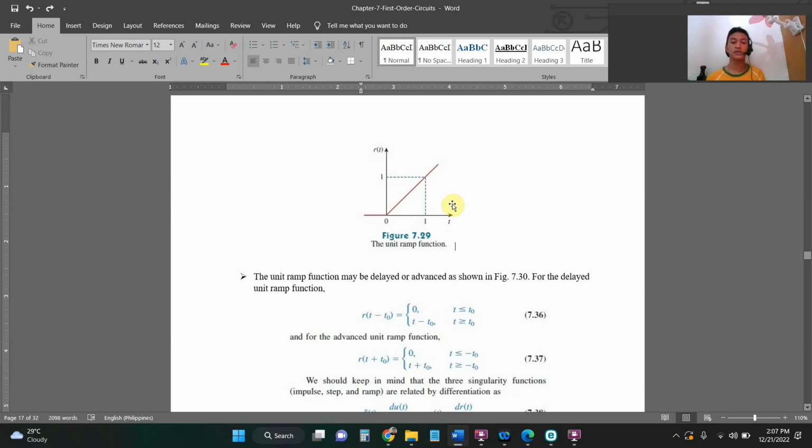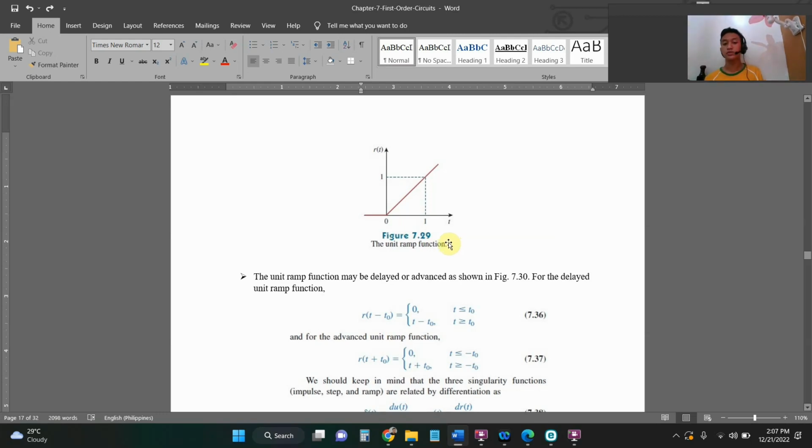For the delayed unit ramp function, r(t − t₀) is equal to 0 when t is less than or equal to t₀, and t − t₀ when t is greater than or equal to t₀.